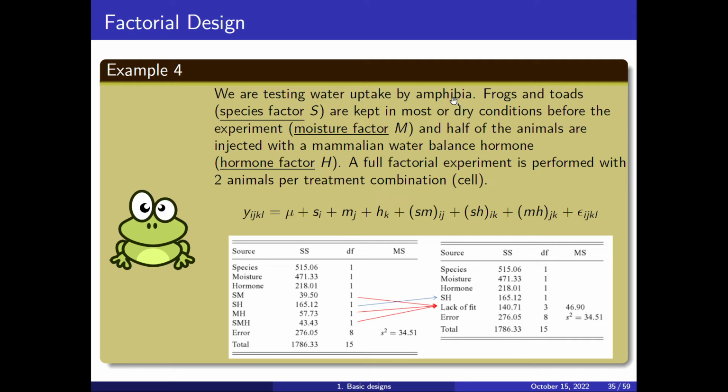We think that there could be, and it depends on the type of amphibia. So we take a couple of species, let's say frogs and toads. So we have the first factor, S.